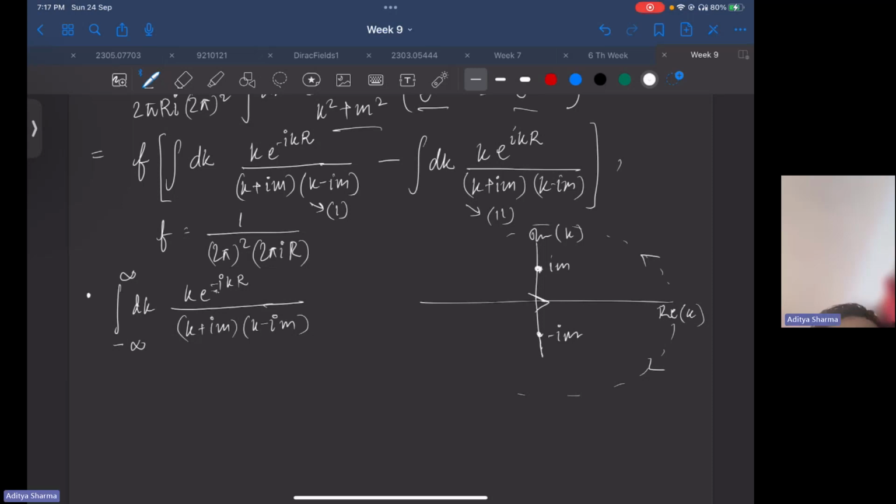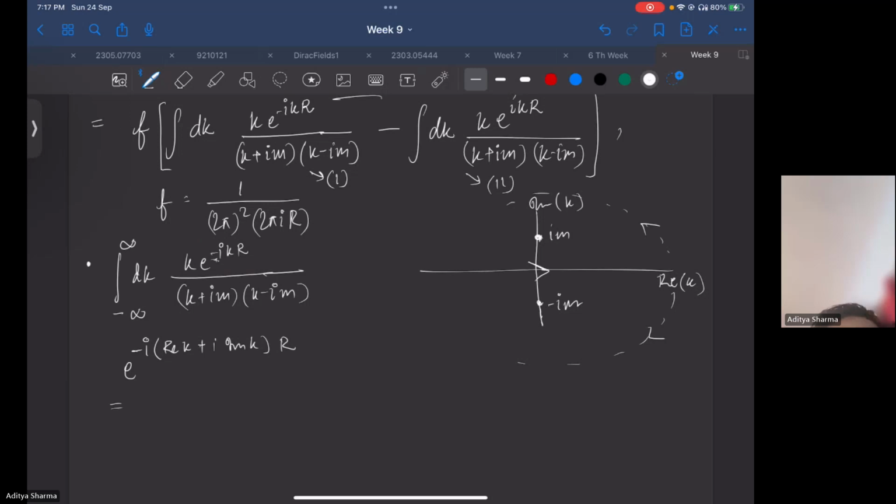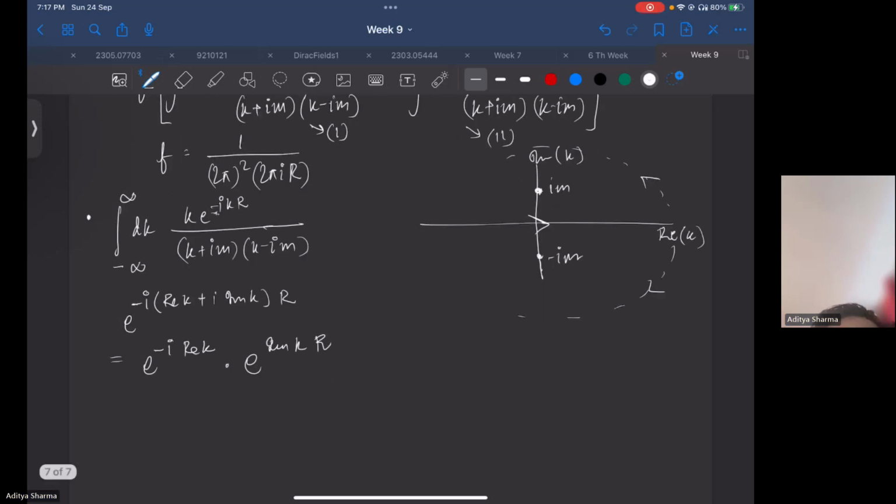Look at this term and write k in terms of real and imaginary parts: Re k plus i Im k. So e to the power minus i Re k r, times e to the power minus i times i, which will give you 1, so you're going to have imaginary k r.